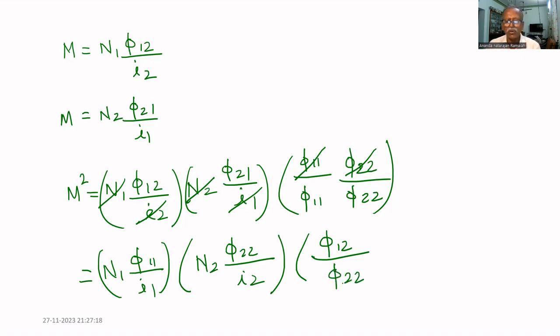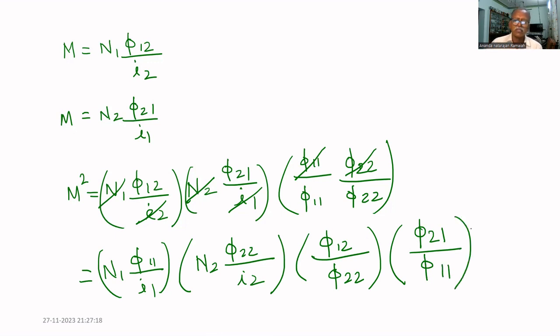Therefore, φ22 is the total flux produced in the second coil, out of which φ12 is linked with the first coil. Here, the flux linked with the second coil is φ21. What is the total flux produced in the first coil? φ11.